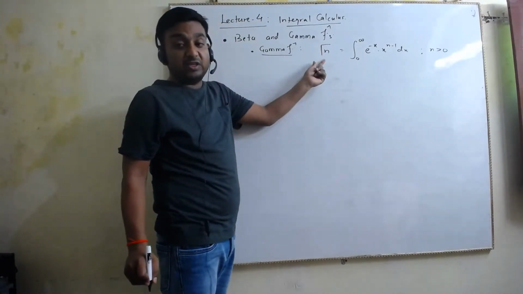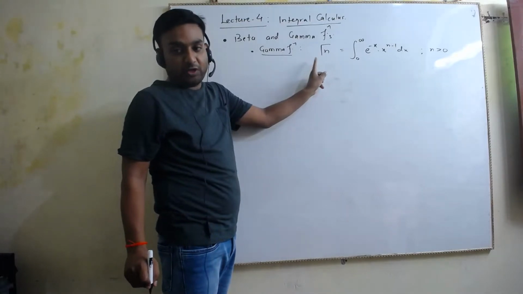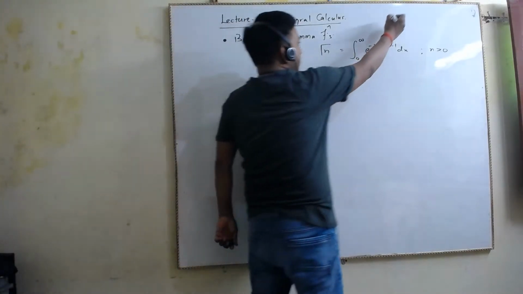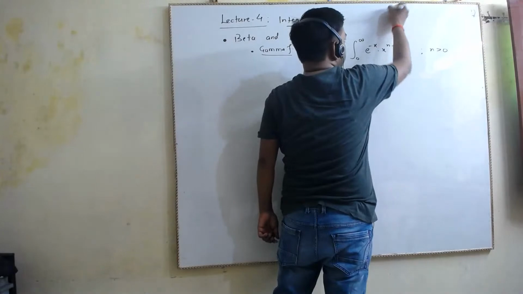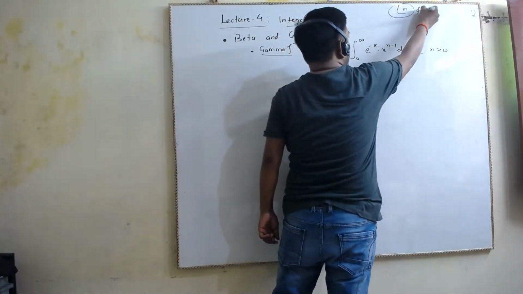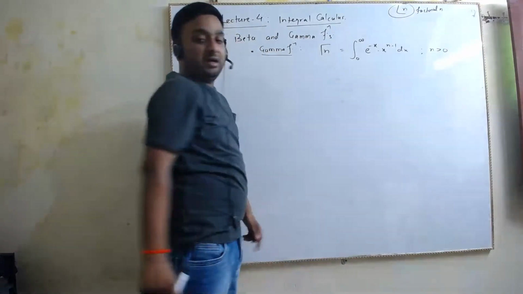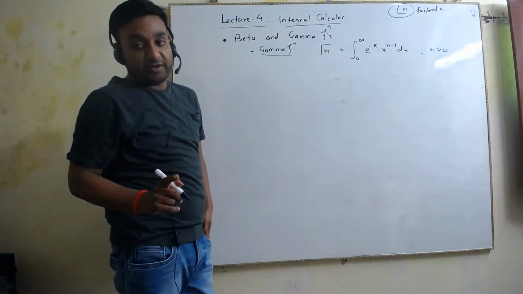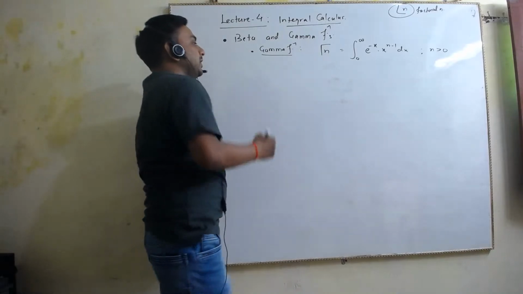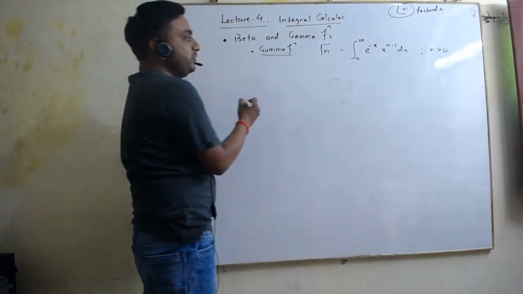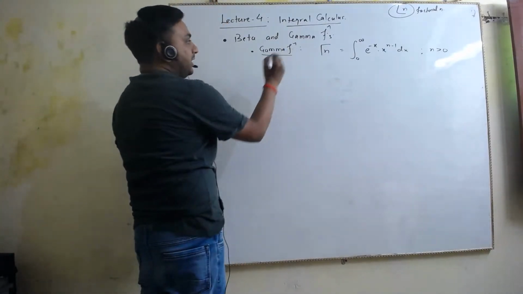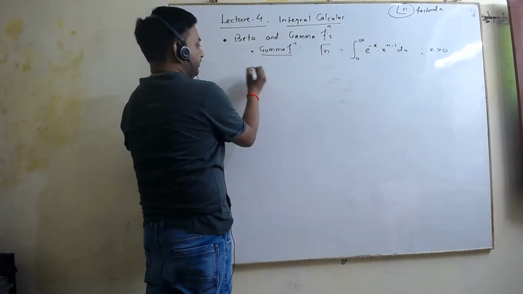Don't confuse the gamma with the factorial. Factorial is represented by this, that is factorial n. But this is gamma n. Fair, dear fellows? So let's have some relations for the gamma function. देखिएगा.